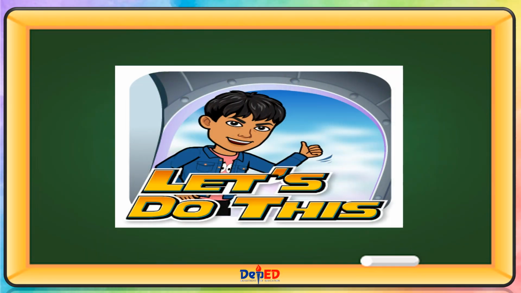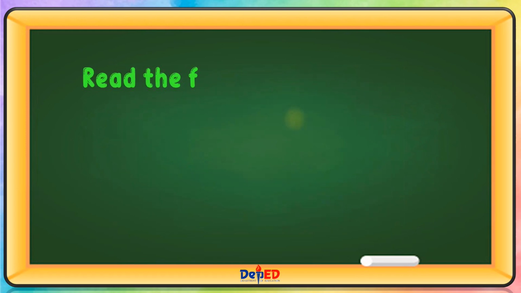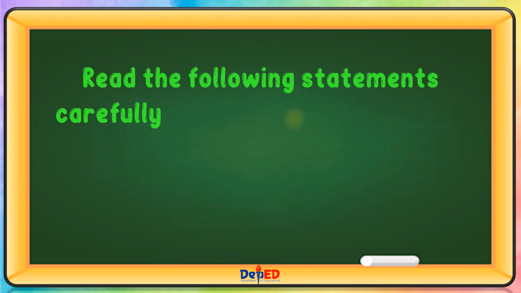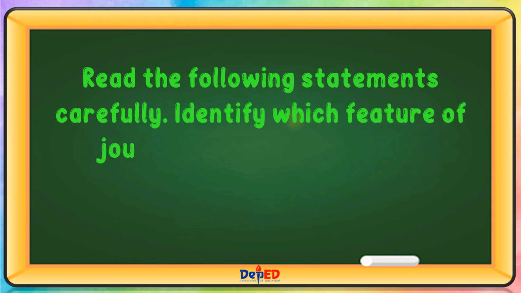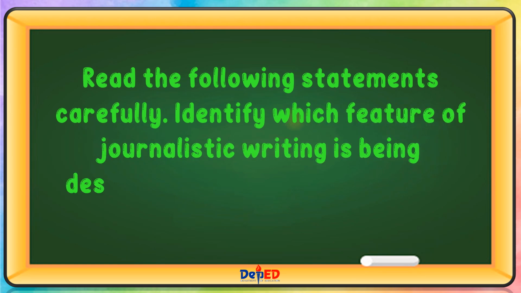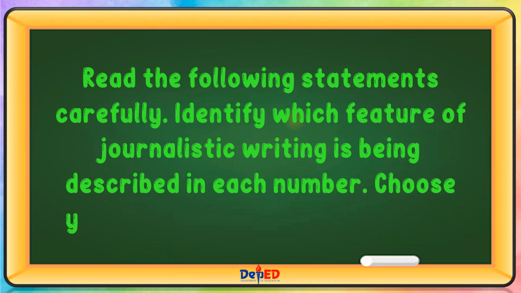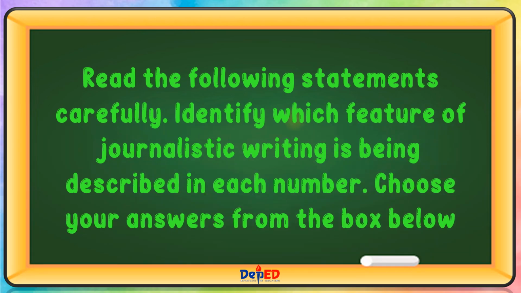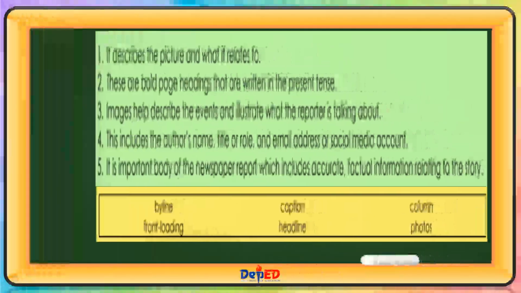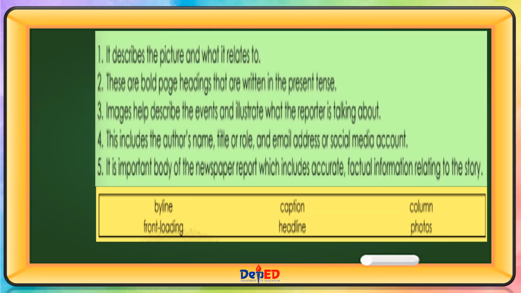Let's do this. Read the following statements carefully. Identify which feature of journalistic writing is being described in each number. Choose your answers from the box below. It describes the picture and what it relates to. This is the caption. These are bold page headings that are written in the present tense.